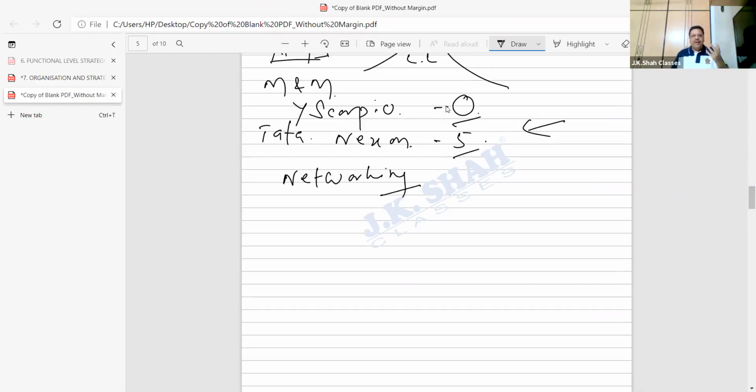See, beta, in the late 90s, there is one company by the name Nike. American company. This is the logo now. And what they say, let's do it. Nike shoes were adjudged as the best sports shoes in the world.